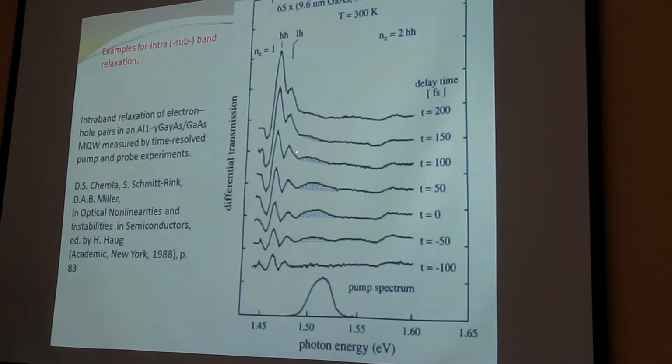With time, this population is trickling down, relaxing down to the exciton resonances, and then you have a lot of bleaching there and almost no more bleaching here. So you could determine that the time it takes for the electron hole pairs to relax from here to the exciton states is of the order of 100 picoseconds.